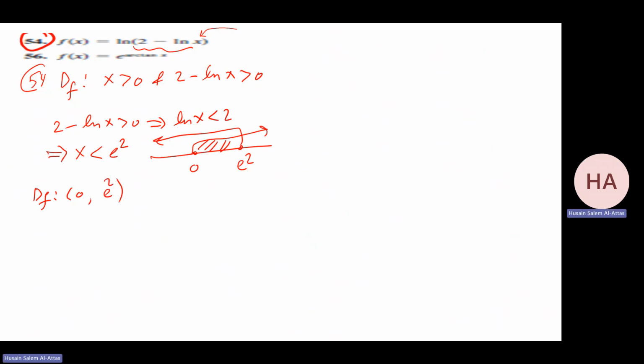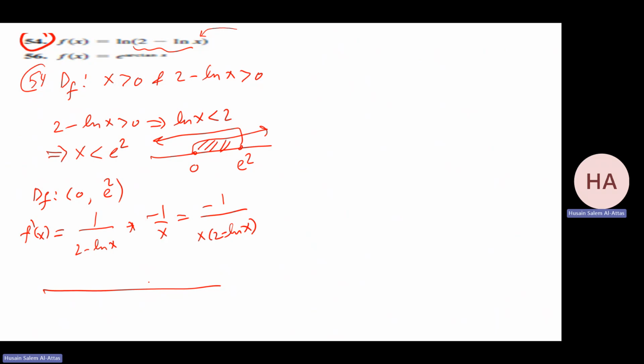Okay. Now I'll find f prime. F prime will be the derivative of ln of u, so it will be 1 over (2 minus ln x) times the derivative of u, which is minus 1 over x. So it will be minus 1 over x(2 minus ln x).